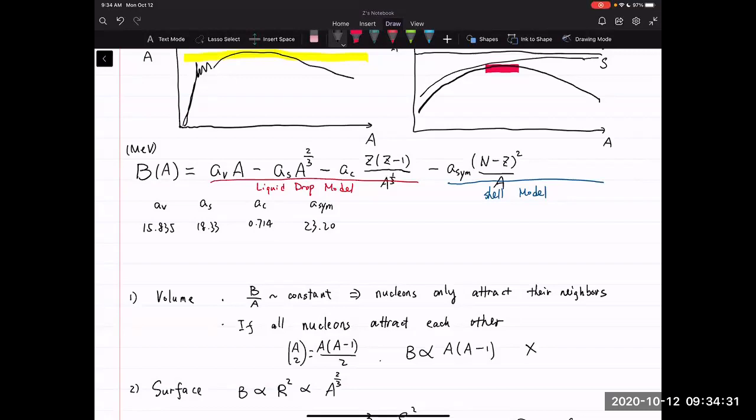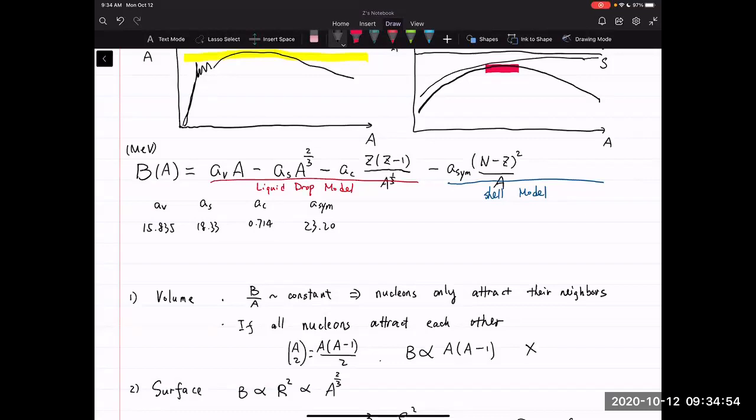So we mentioned that the experimental observation told us that for nuclei with an even number of neutrons and an even number of protons, it is much harder to take away or separate one neutron or one proton from the nucleus. So neutrons and protons tend to form pairs.